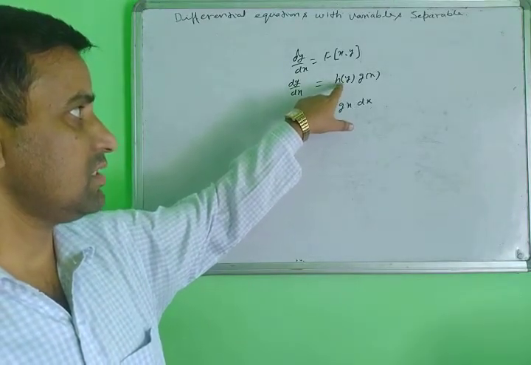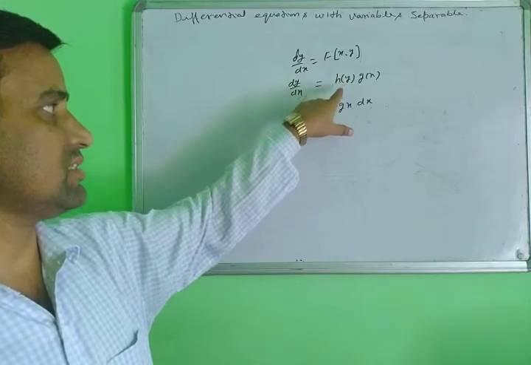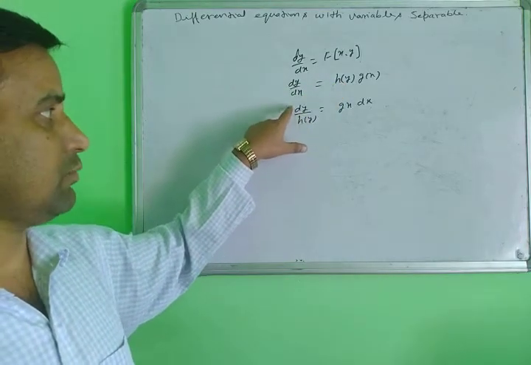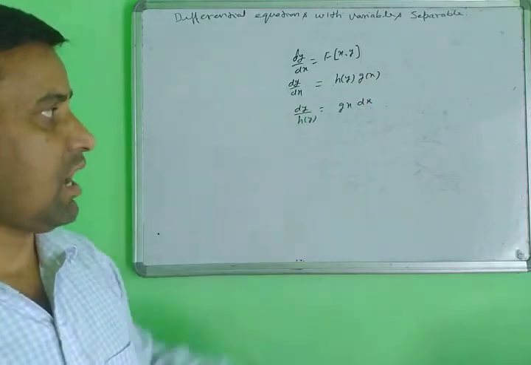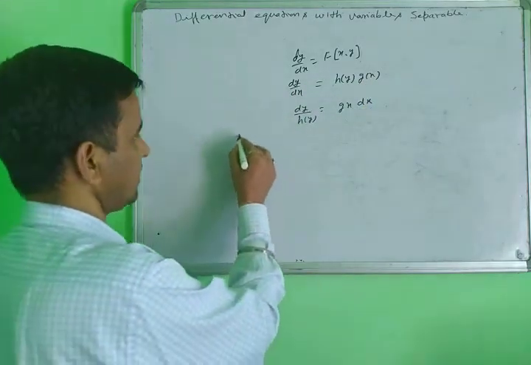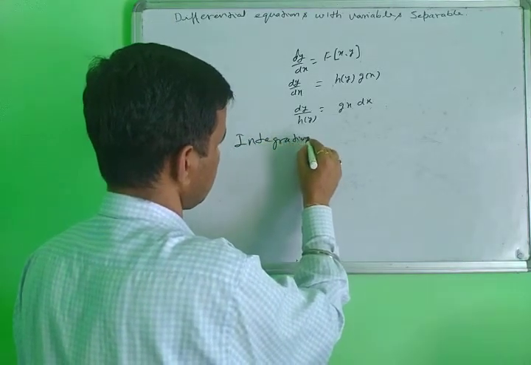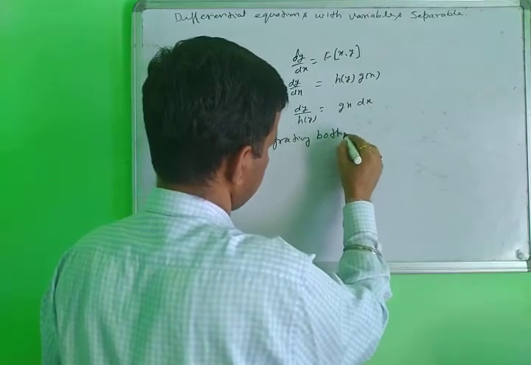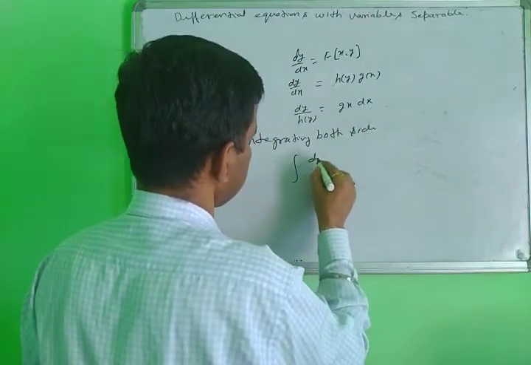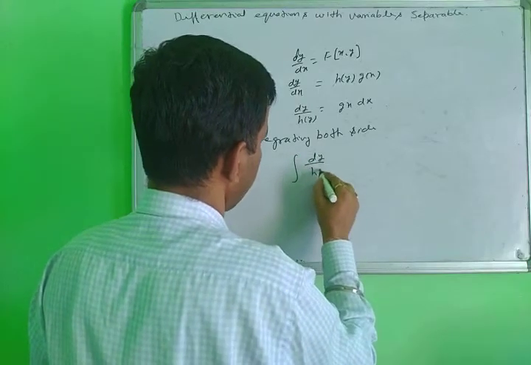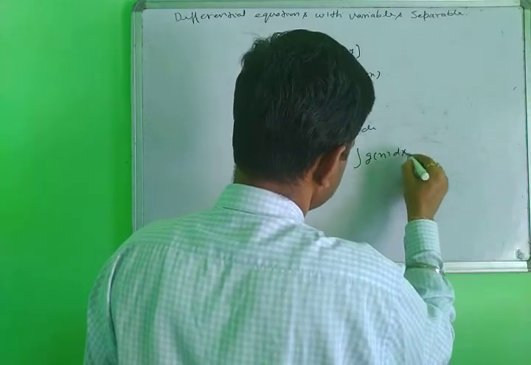The terms having the y variable go to the left side with dy, and those with x, gx, go with dx. After that you will integrate both sides. Then what will come here? dy over hy equals gx dx.